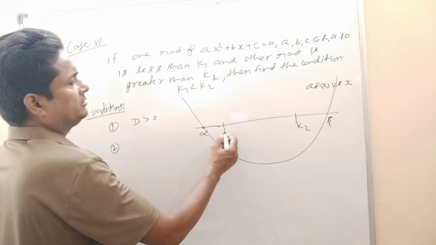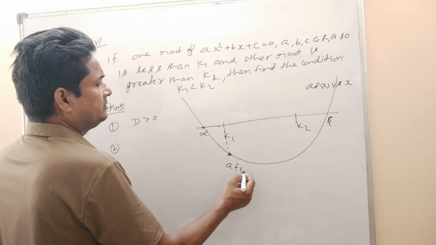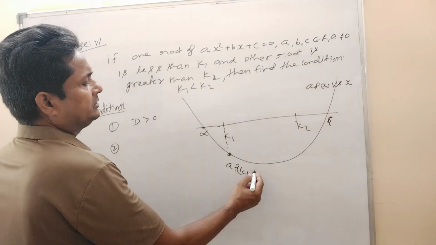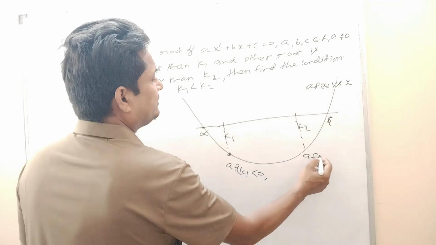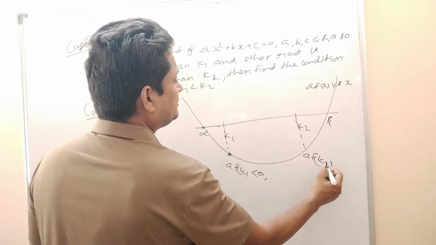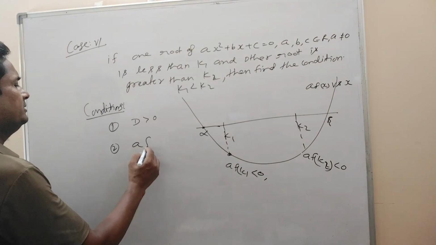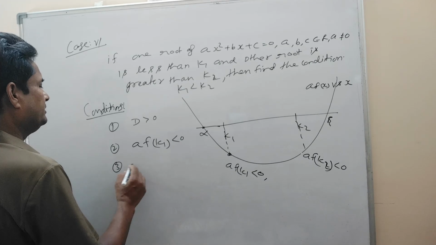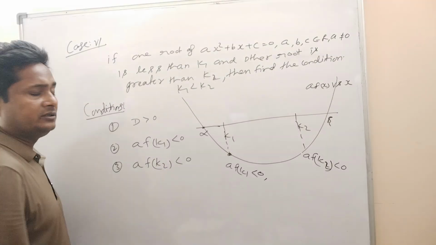If we find the value of A times f(k1), it is less than 0, and the value of A f(k2) is less than 0. So the second condition is A times f(k1) is less than 0, and the third condition is A times f(k2) is less than 0.